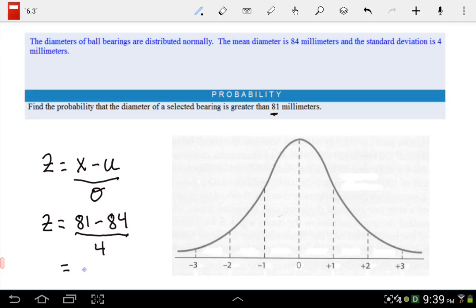So that would be negative 3 over 4, negative 3/4, which is about negative 0.75. Now let's look at this on our curve. There's negative 1, so negative 0.75 is going to be right in here somewhere.